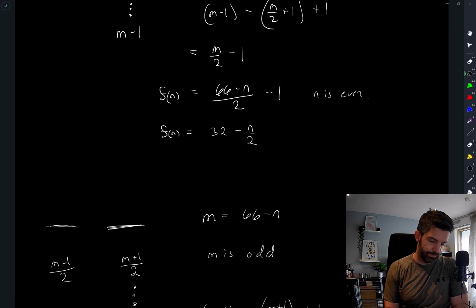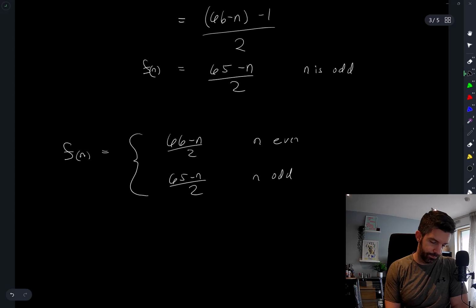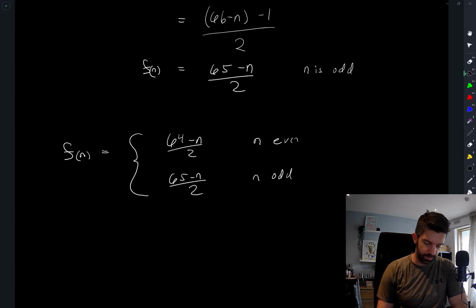Oh, not quite. This simplified, let's not write it this way, let's write it as 64 minus n over 2. Okay.